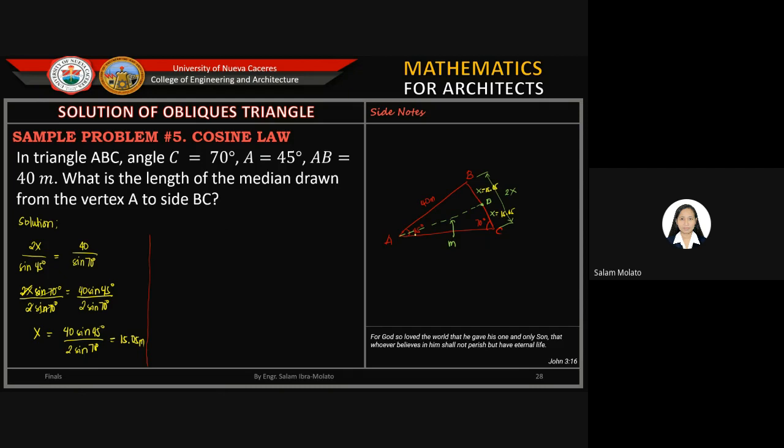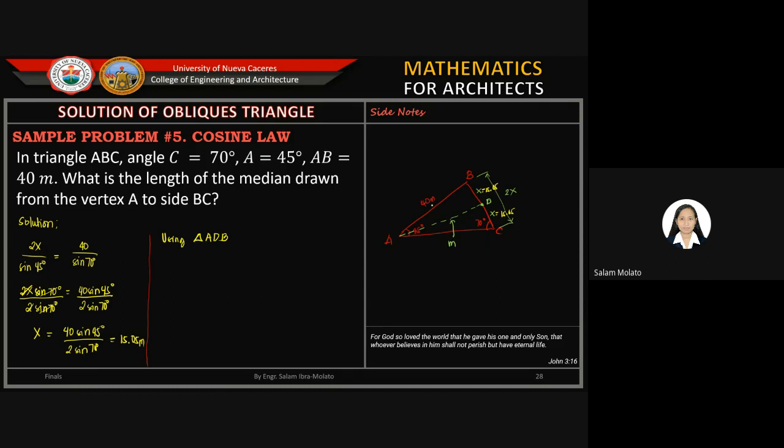So why do we need to get x? So that we can compute for the median here or the length of the median by using the triangle ADB. Okay? So looking at the triangle ADB, we can actually use cosine law here.